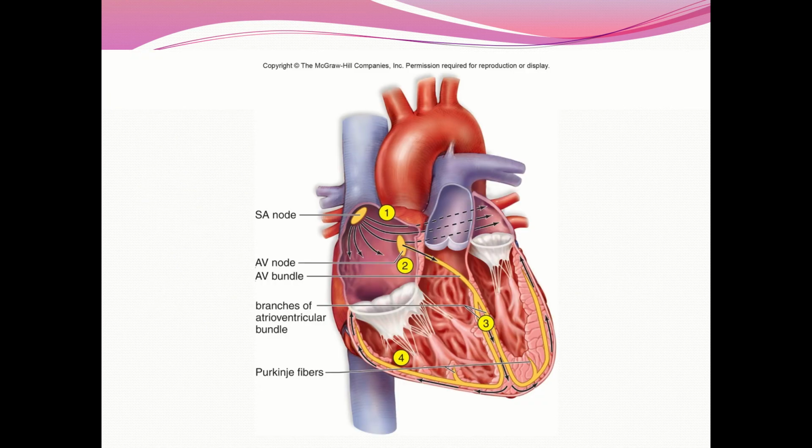So the first node is the sinoatrial node, which then leads to the atrioventricular node where the signal is delayed, and then it travels down the atrioventricular bundle, or bundle of His, to the Purkinje fibers, which will then initiate contraction of the ventricles.